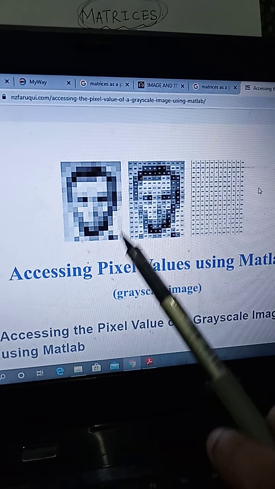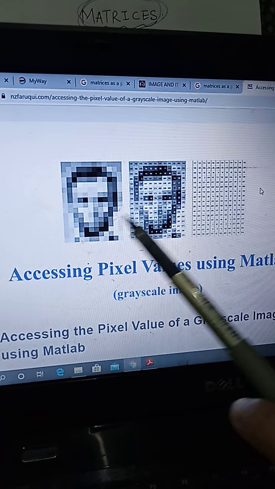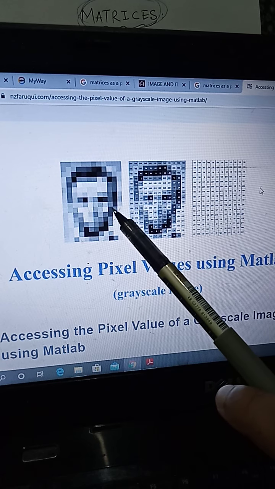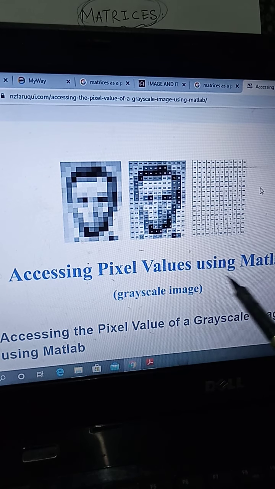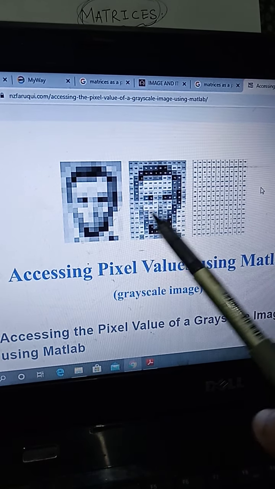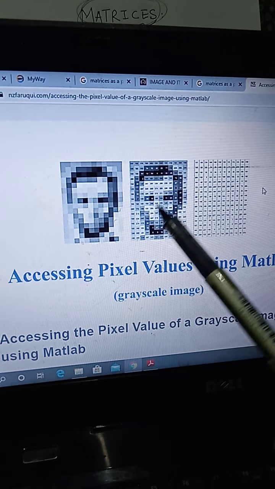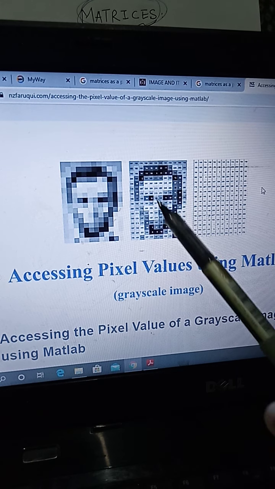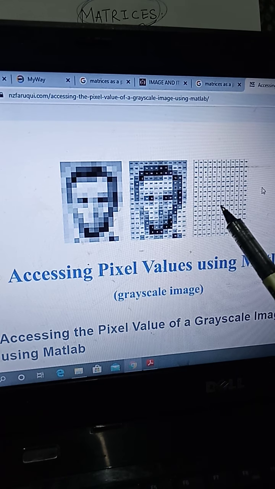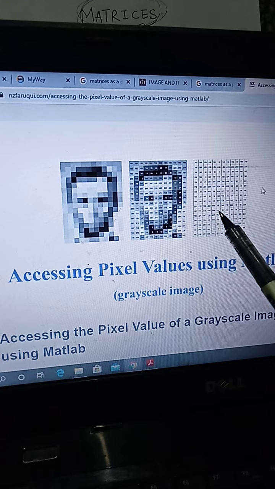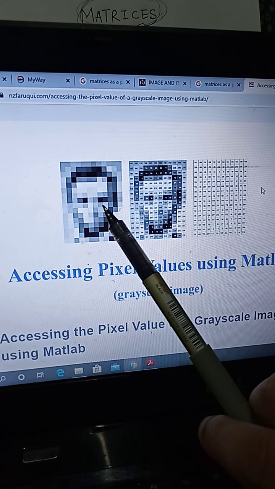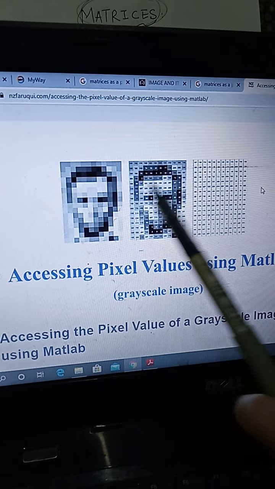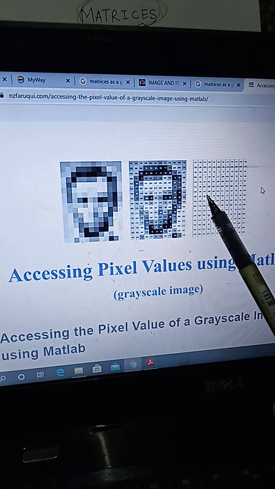So actually behind these square blocks are pixels, and we access the pixel values using MATLAB. When you access the values behind the pixels, that makes a matrix. So you see that when the zoom factor is increased, you see the pixels, and behind each pixel we have matrices.